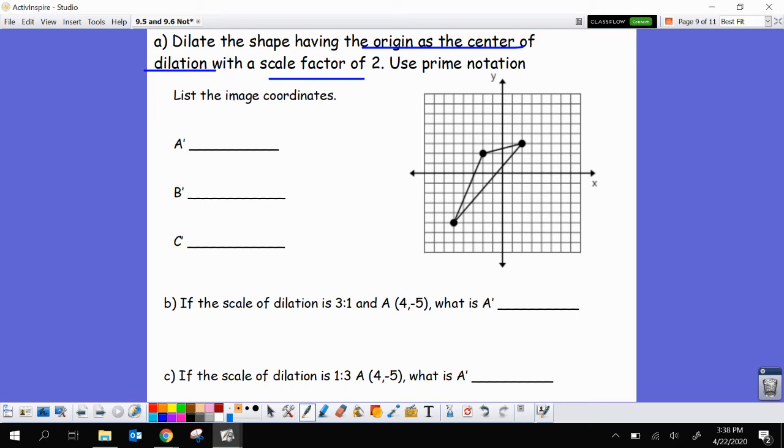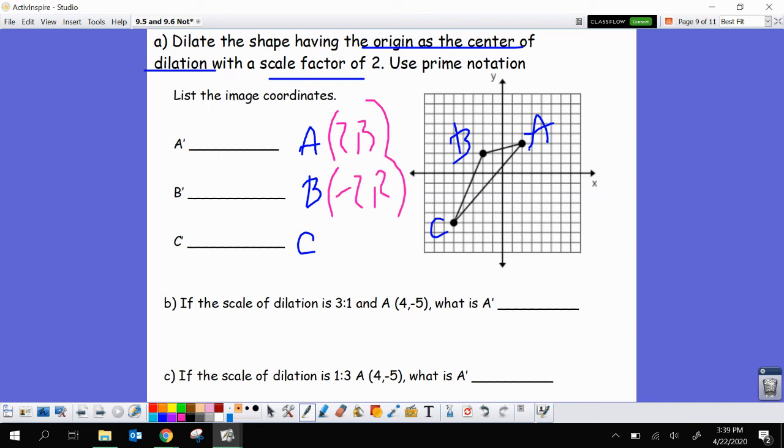What I would come over here and do is I would write the original points. Okay, and there's no letters on this. So let's say this is A, B, and C. So what I would come over here and do is I would say A, B, and C. Okay, because I don't want to do this in my head and screw something up. So A is at (2, 3). B is at (-2, 2).